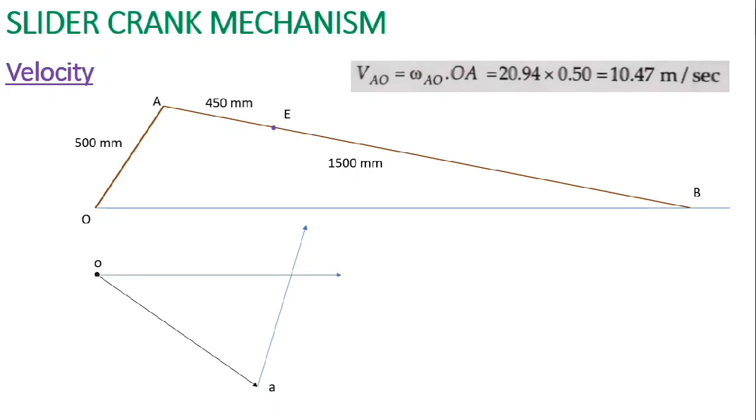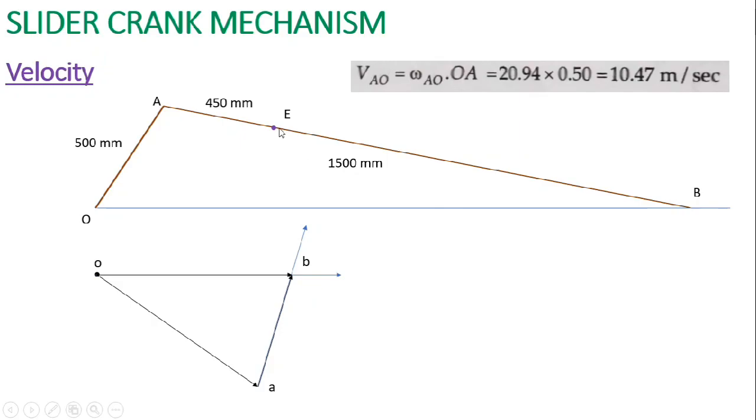So from o we draw a vector parallel to the horizontal, and wherever these two vectors intersect we get the actual vectors: this is the velocity vector of link AB, perpendicular to it, and this is the velocity vector of the slider, parallel to the horizontal. This point of intersection we denote as b.